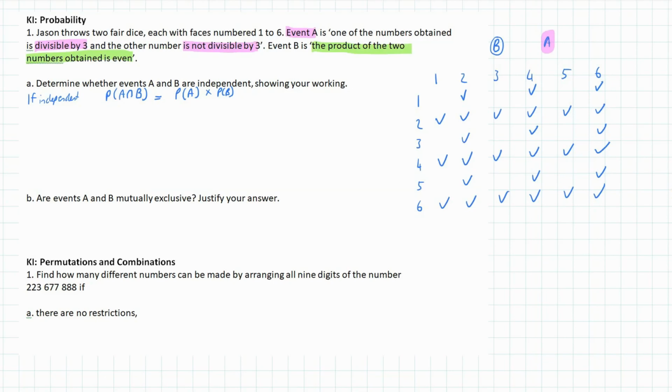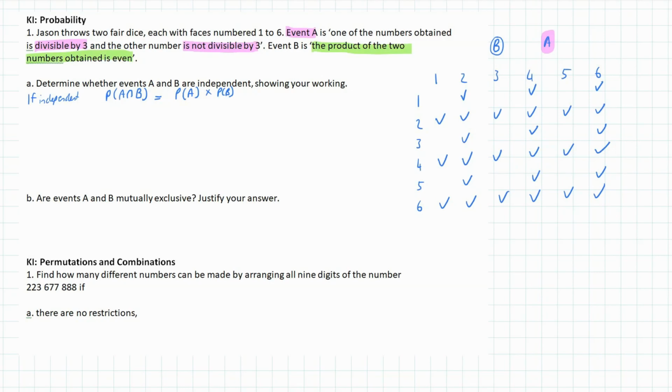This will be A, and I'll use the highlighter. For A, one of the numbers obtained is divisible by 3, and the other is not.